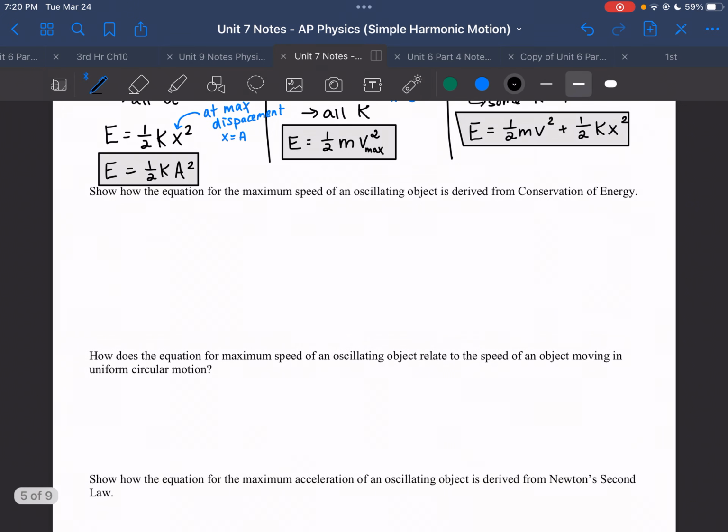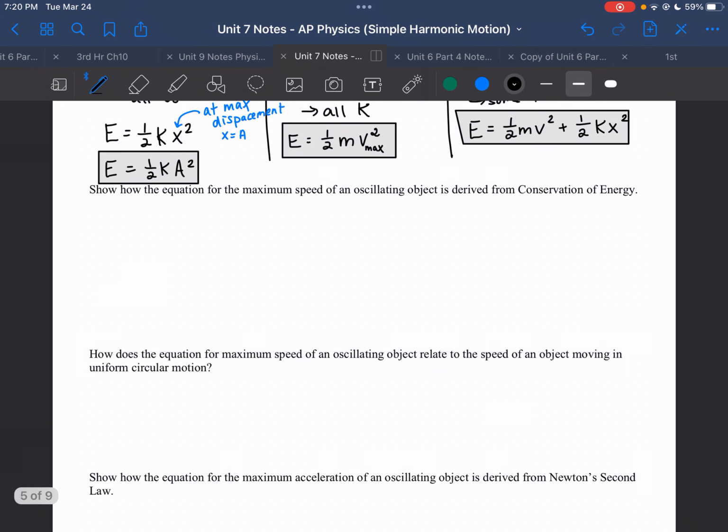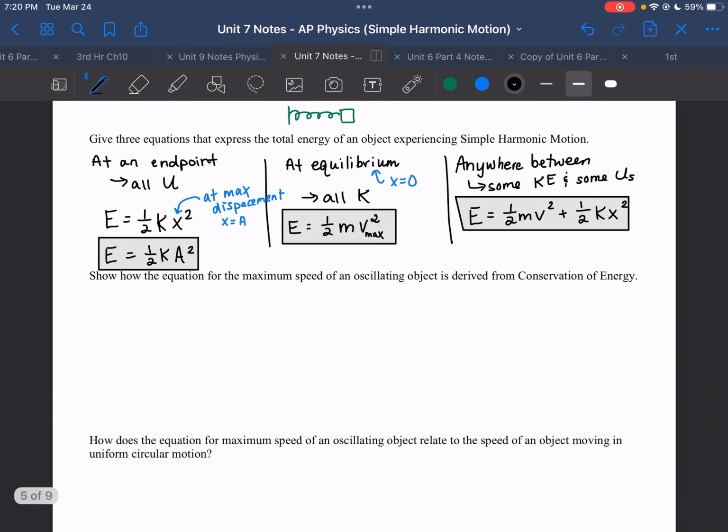Next part says, how can the equations for the maximum speed of an oscillating object be derived from the conservation of energy? So essentially what we're doing is we're looking for the max velocity. Well, I know that the total energy of the system is the same in all 3 of these situations. We could set any of these equal to each other.